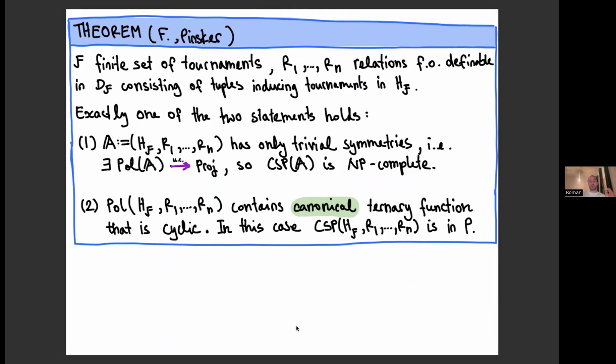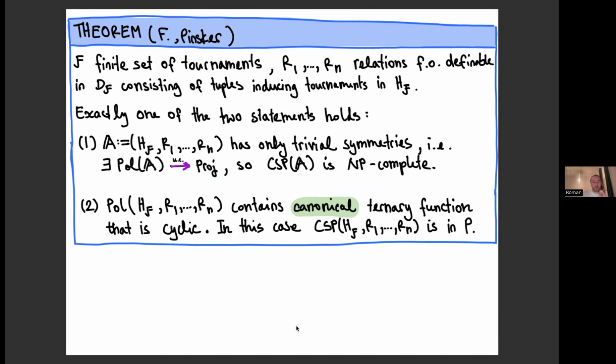So you're given a finite set of tournaments and relations R1 up to Rn, which are first order definable in the directed graph HF, and which consist of tuples inducing tournaments in the graph HF.